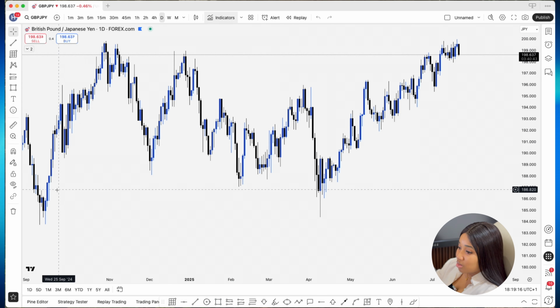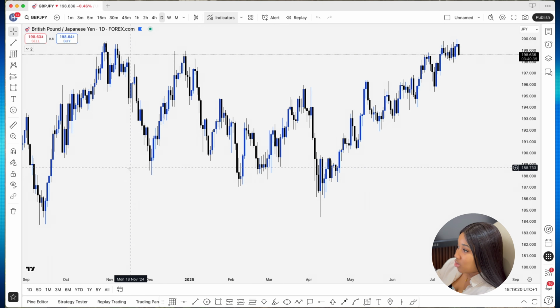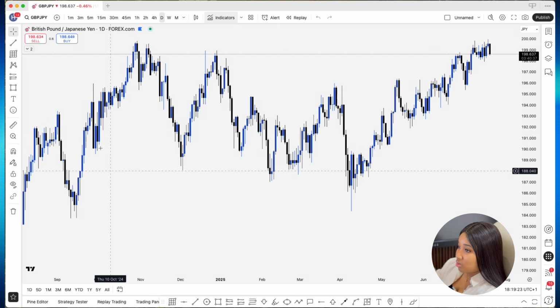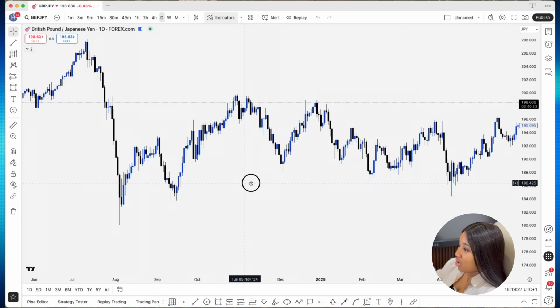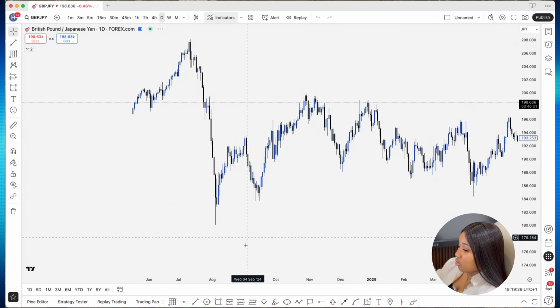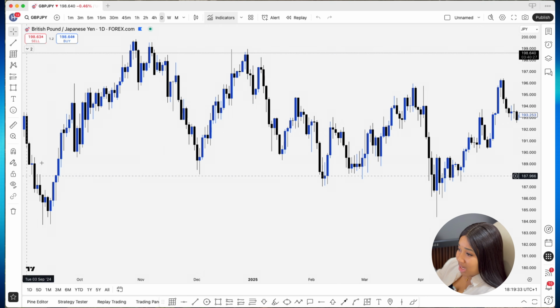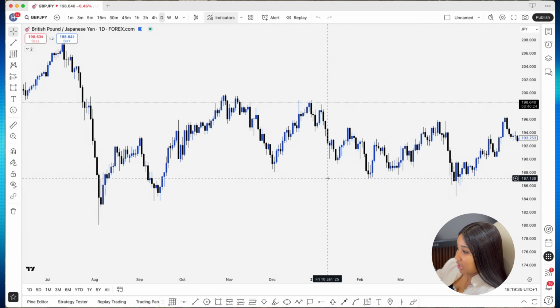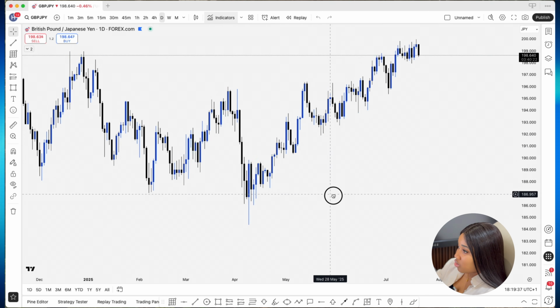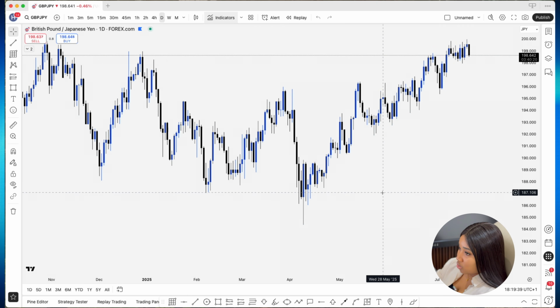Another thing you need to pay attention to is that you don't need to go too far. Let's say you want to read the structure on GBP/JPY or any commodity you're trying to trade, and you want to zoom out and look for what is not necessary. You just need to pay attention to the recent zones.